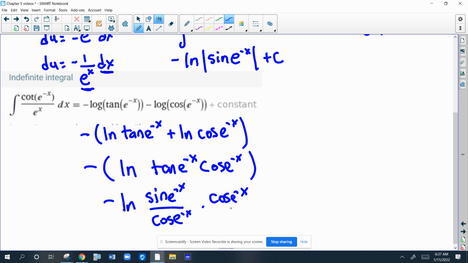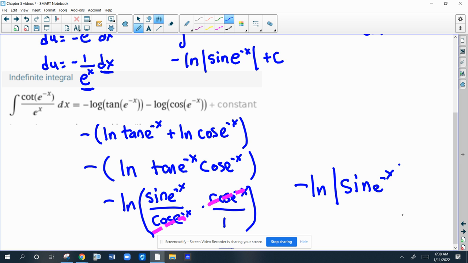Because you can see that you can cancel out these cosines. I lost one of my parentheses, I don't know why. And we have negative natural log of the absolute value of sine e to the negative x plus c, which is what we got.